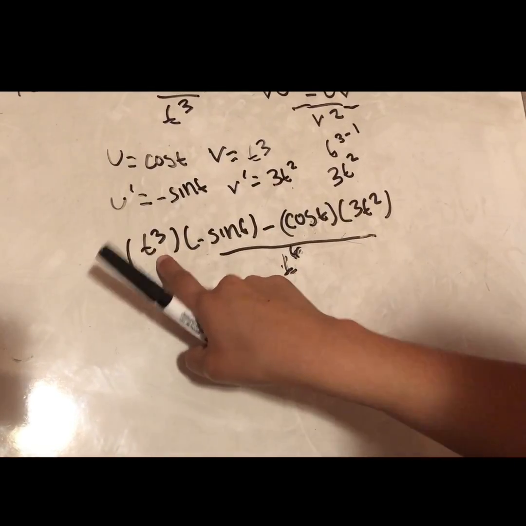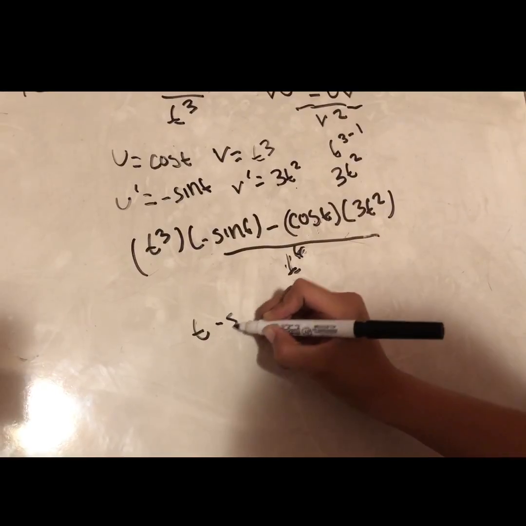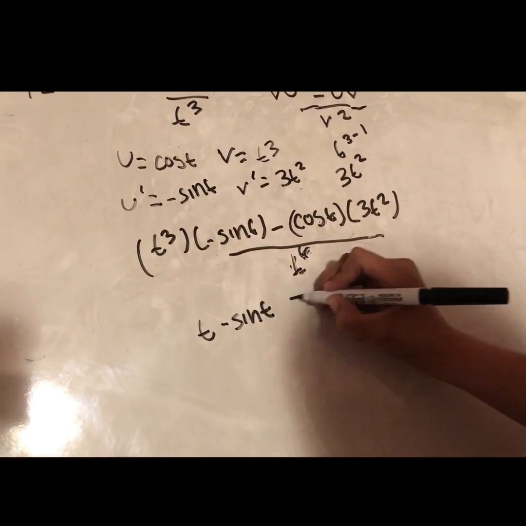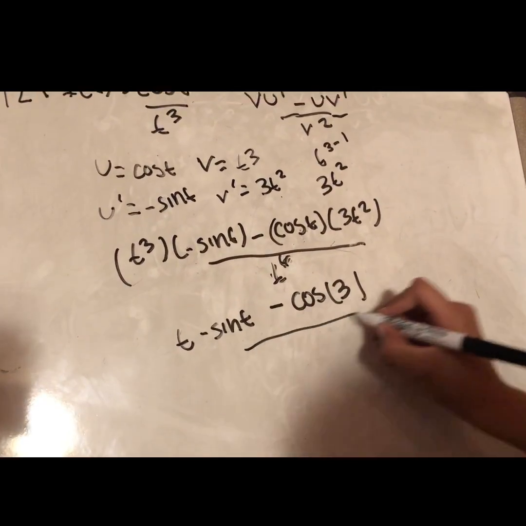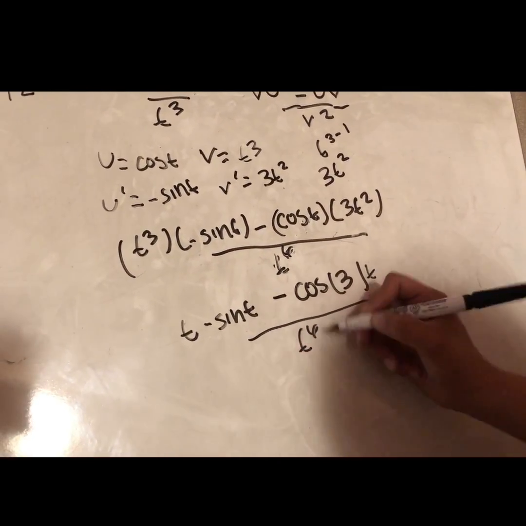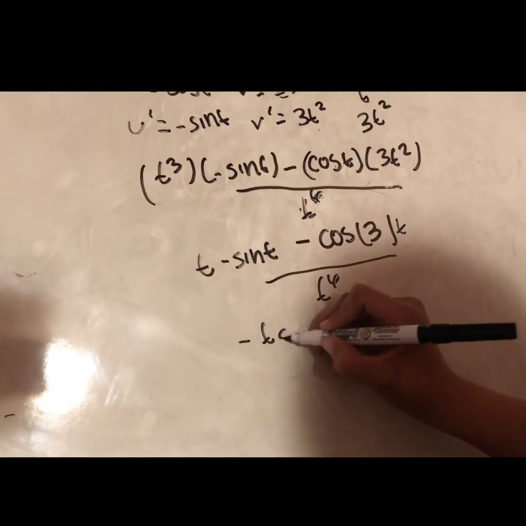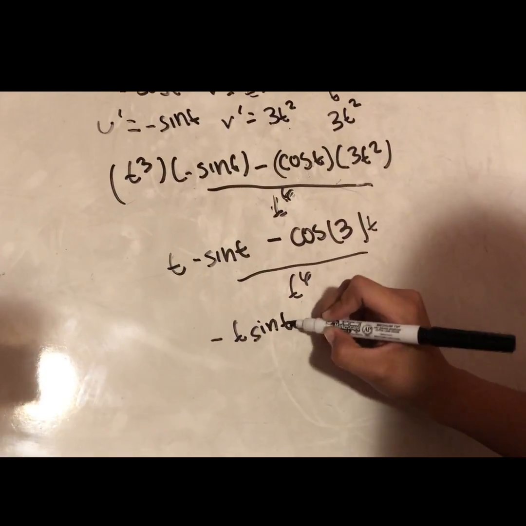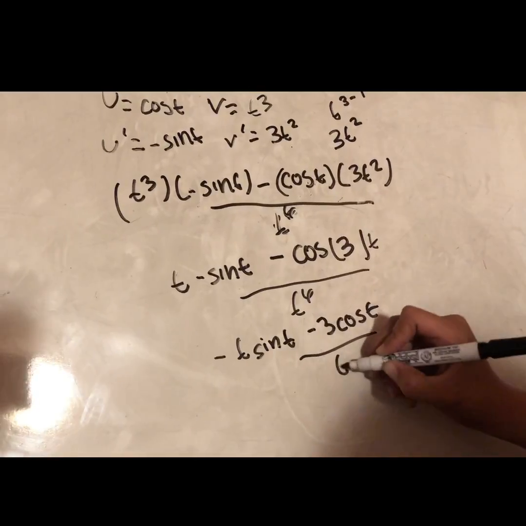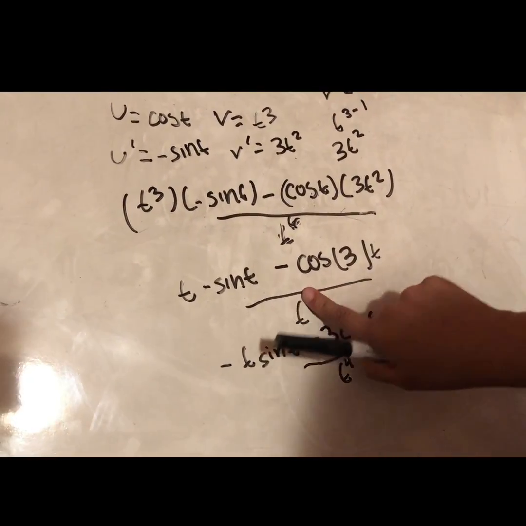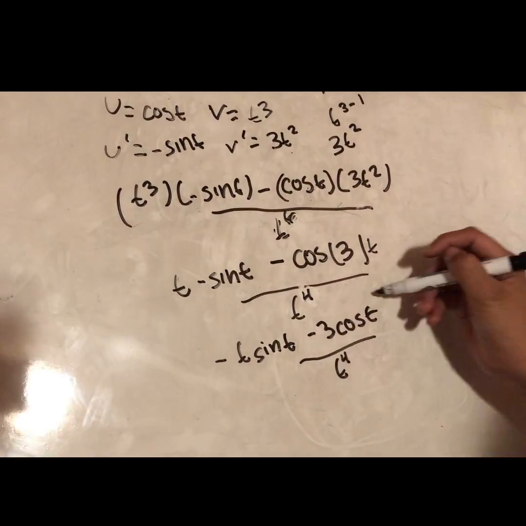This would make it t negative sine t minus 3 cosine t over t to the 6. So now you combine them, so it would be negative t sine t minus 3 cosine t, all over t to the 4. I'm sorry, I had to change this into 4 since I took out 2 from each, so it's going to be 4. And this would be your answer.